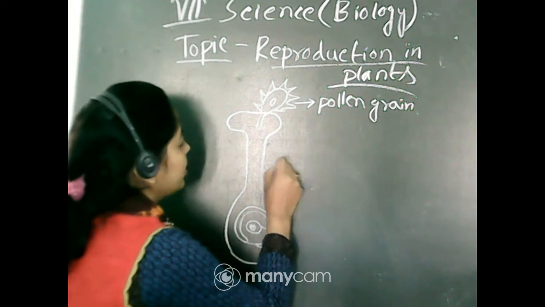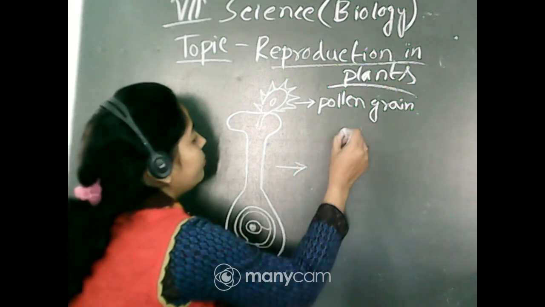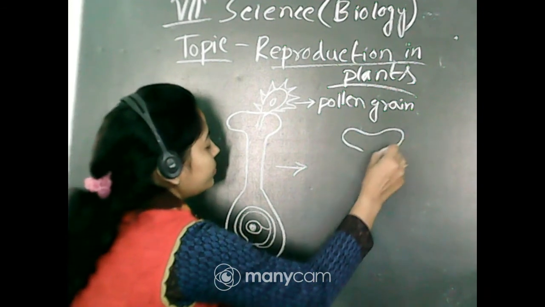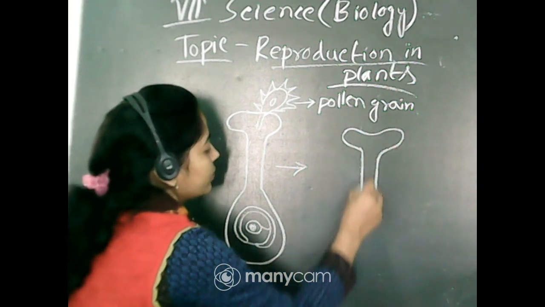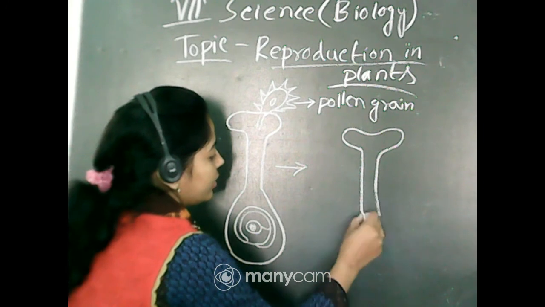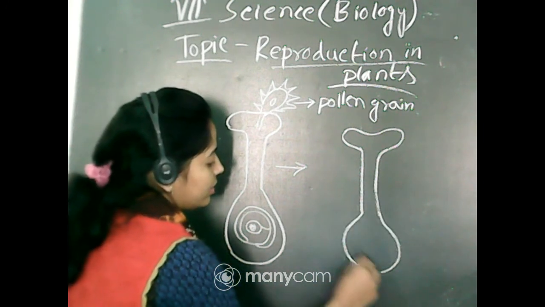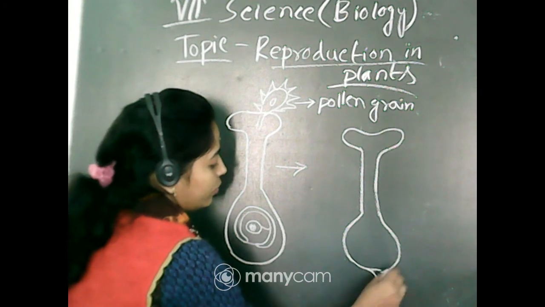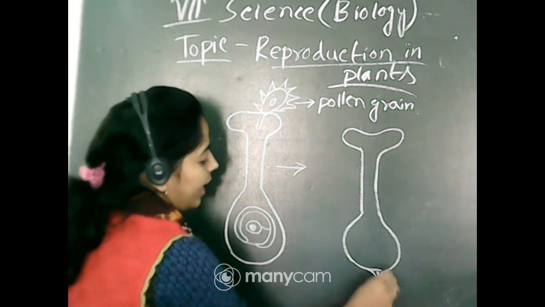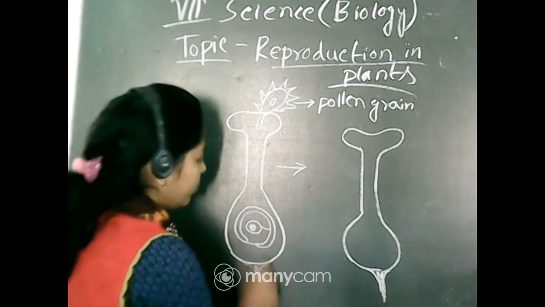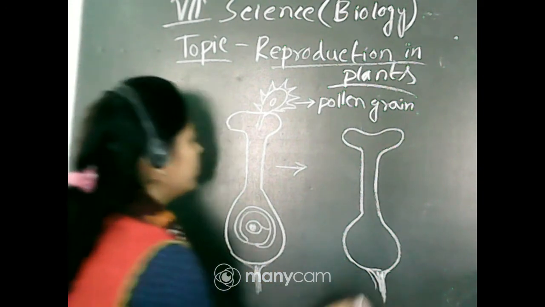After this there will be formation of a tube in the pollen grain, so that it can migrate towards the ovary and fuse with the ovum to make a zygote.